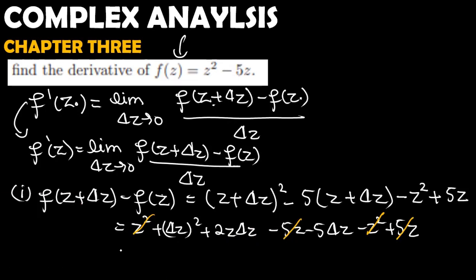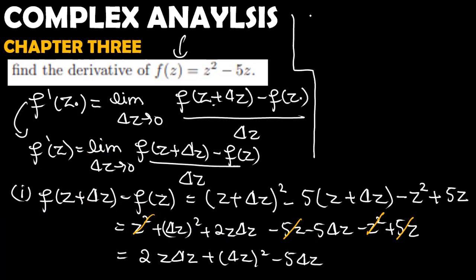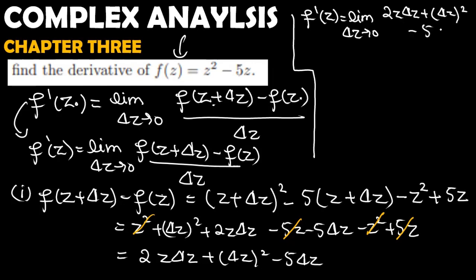So our expression becomes 2z delta z plus delta z square minus 5 delta z. Now we put this into our equation, so in the end f dash of z is the limit as delta z approaches 0 of 2z delta z plus delta z square minus 5 delta z over delta z.